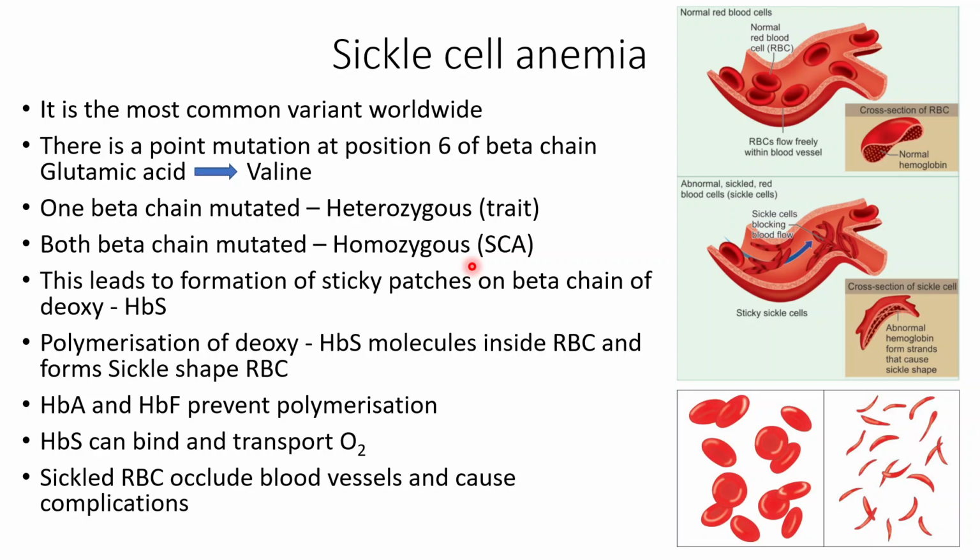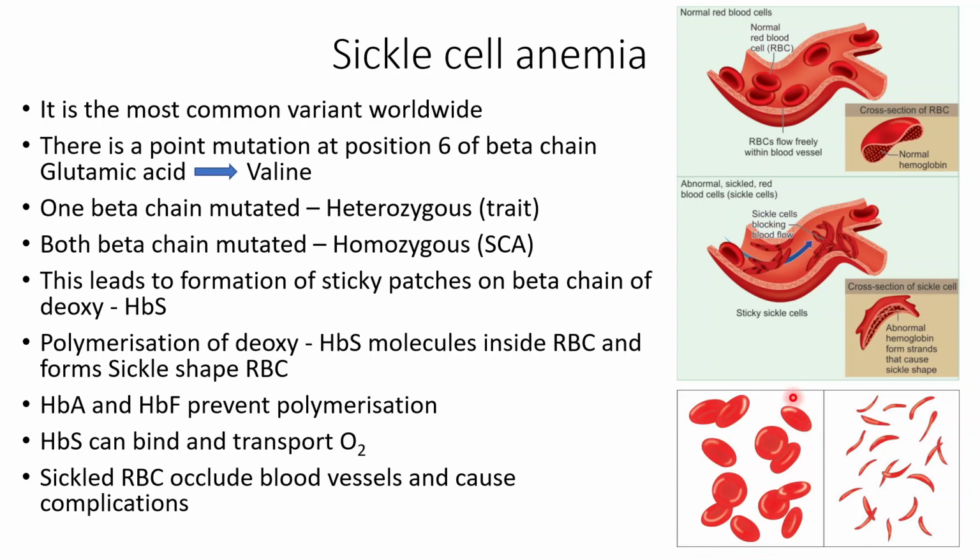In sickle cell anemia, this leads to formation of sticky patches on the beta chain of deoxyhemoglobin, which then leads to polymerization of the sticky patches, and this ultimately leads to the sickle shape of the RBC. Hence the name sickle cell anemia.